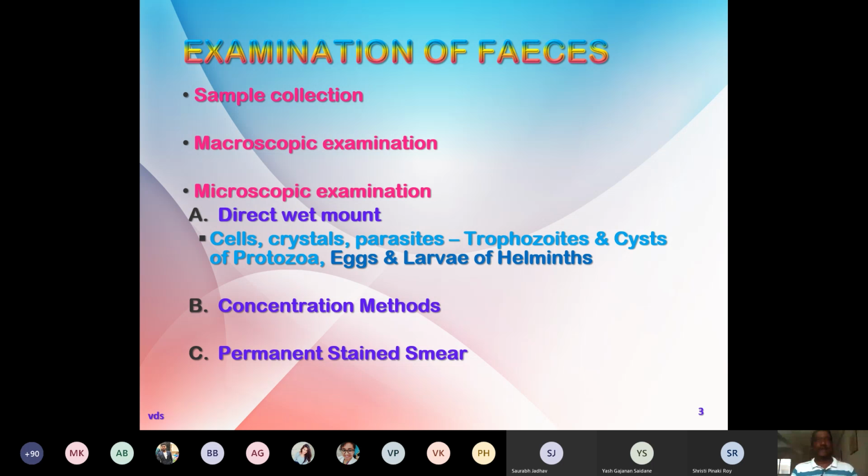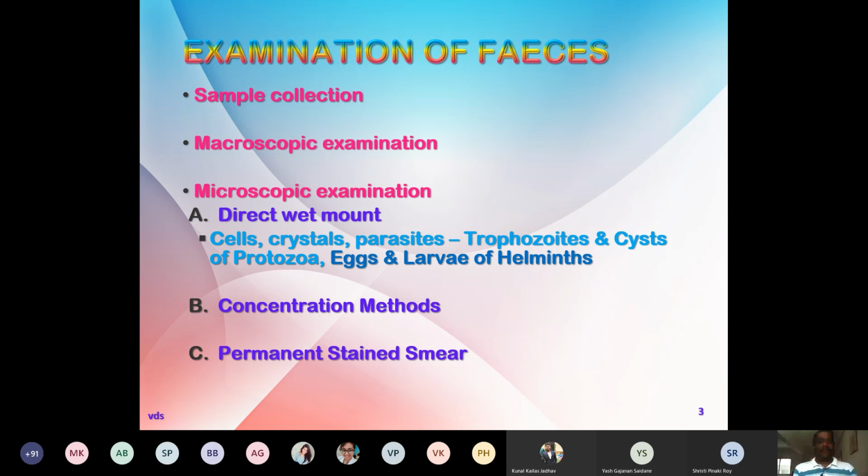When we say the presence of parasite, it may be in the form of trophozoite or cyst in case of protozoa, or it may be in the form of eggs and larvae with respect to helminthic infection. So these two important wet mount techniques we are going to study in detail in the successive slides.